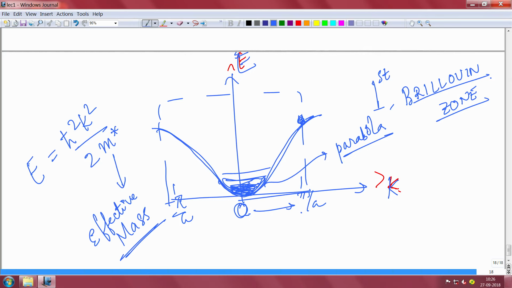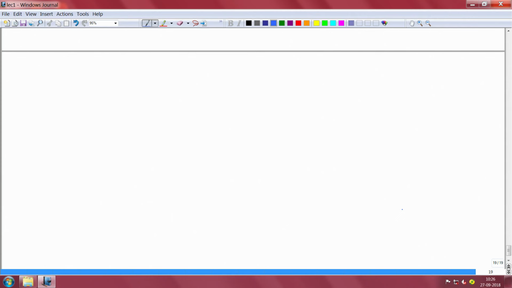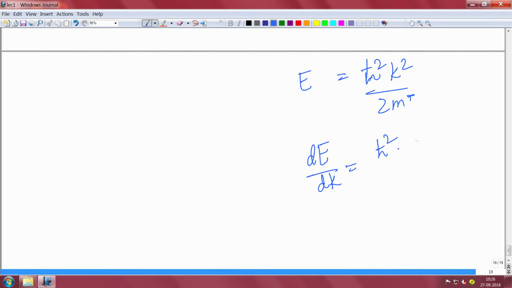So, another way of looking at it is that if I write E equal to h bar square k square by twice m, and then I take a derivative of E with respect to k, the slope of the Ek diagram, then I get h square into k by m star.